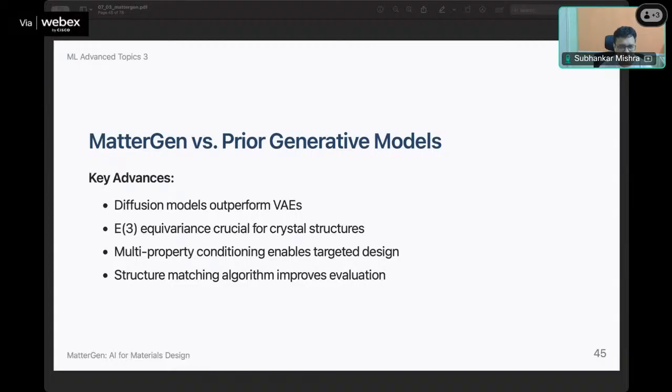So here is another proof that diffusion can beat VAEs in generation. Second, they added this equivariance property so that the crystal geometry is at least preserved, and conditioning on the targeted material. That means you can add multiple properties even. And then finally, you can have a structure matching algorithm specifically for the compositional problem.